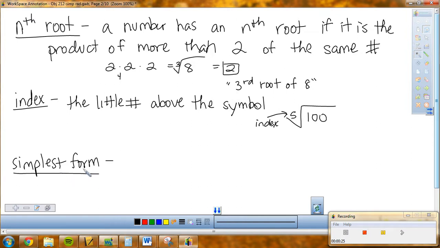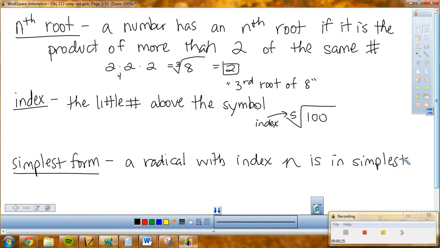And last but not least, we want to know, what does simplest form look like when we're simplifying radicals? Simplest form is a radical with index n, so any index, is in simplest form if the radicand has no perfect nth powers.